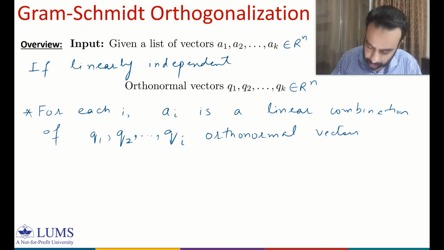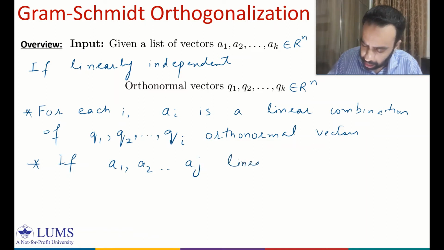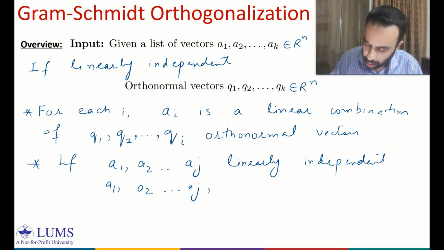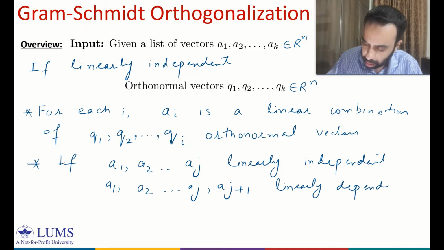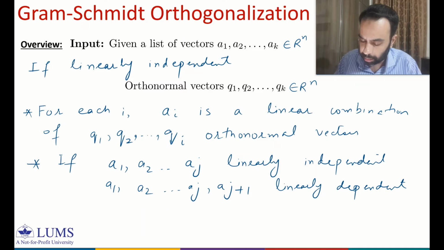Or we can say this algorithm detects dependence: if a1, a2, up to aj is a linearly independent list, and you add another vector to this list, say a(j plus 1), so that the list becomes linearly dependent, then the Gram-Schmidt process can detect the presence of a linearly dependent vector in the list.